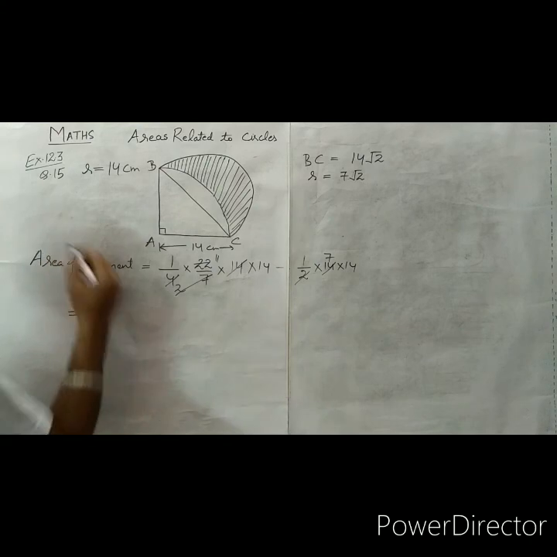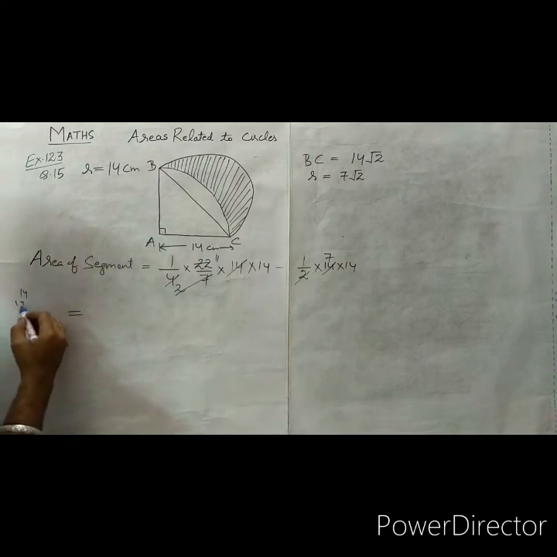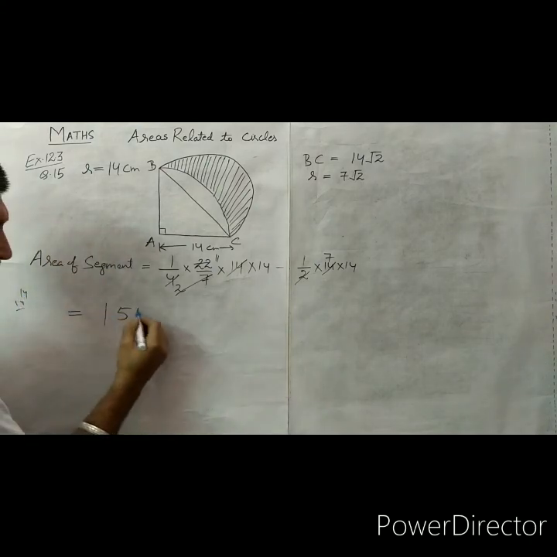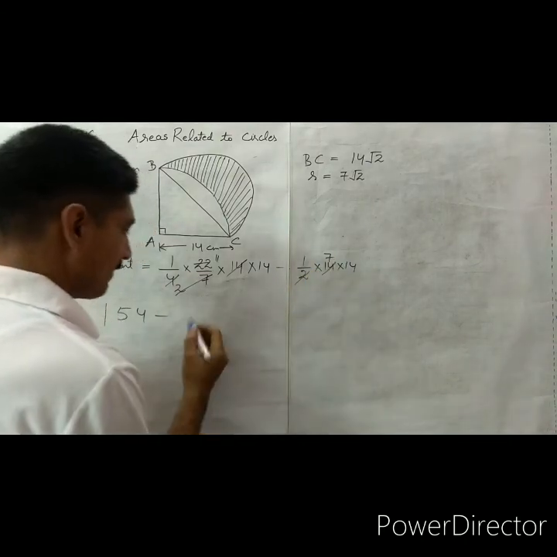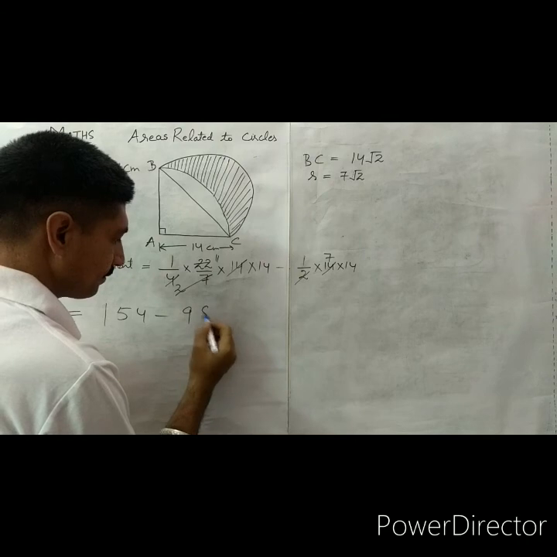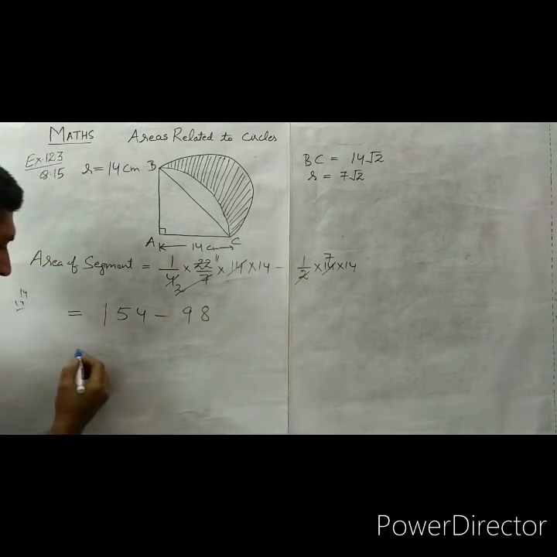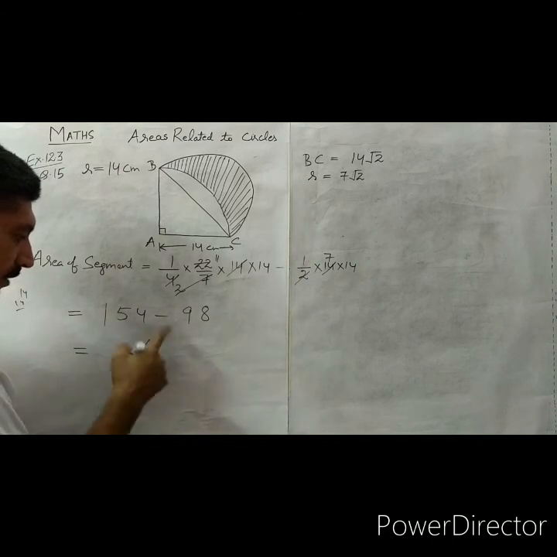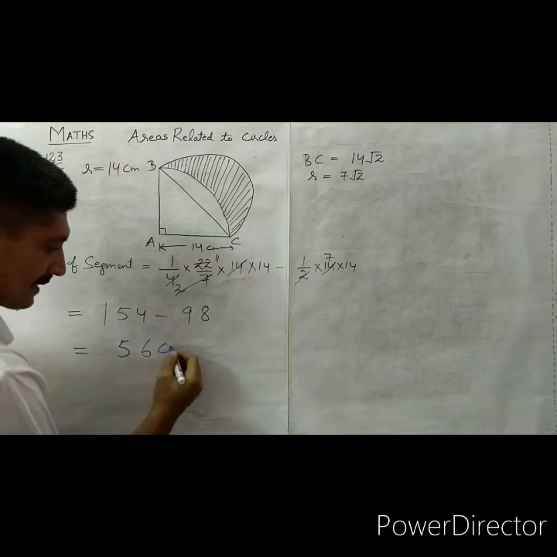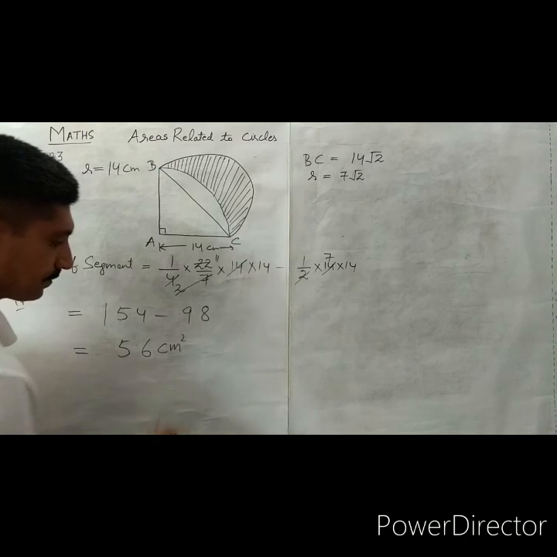So here we have 154, minus here 14 sevens are 98. So when we subtract here, 14 minus 8 is 6, and again 14 minus 9 is 5, so 56 centimeter square here.